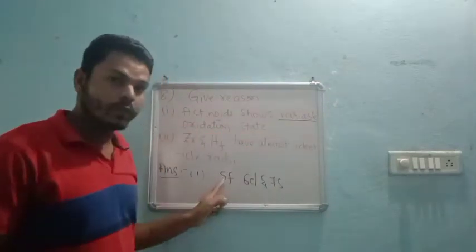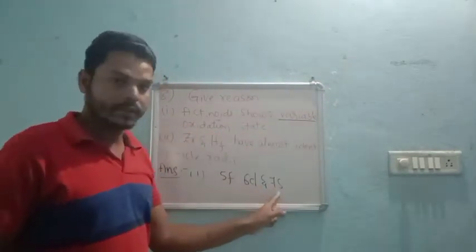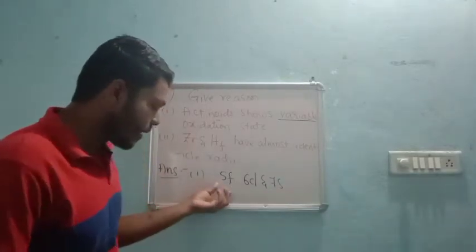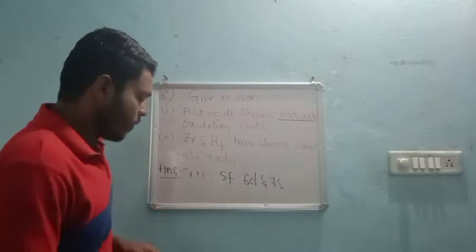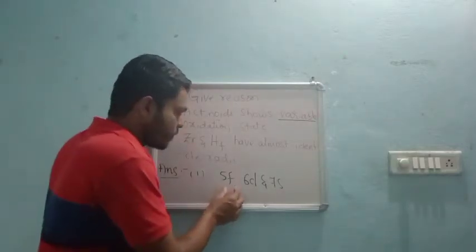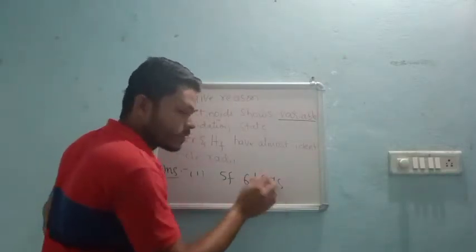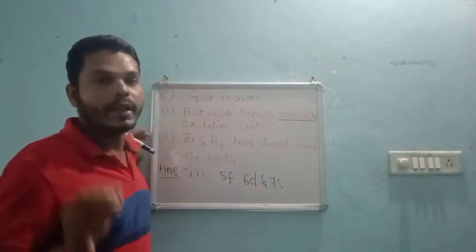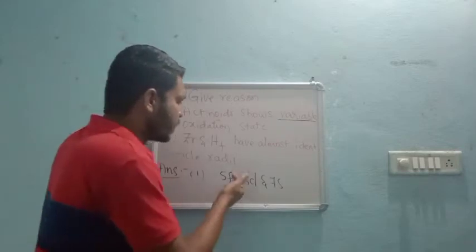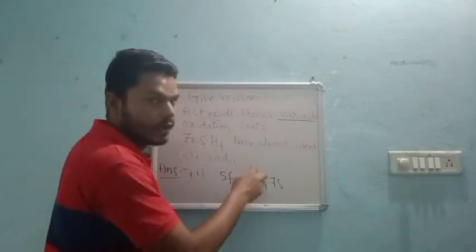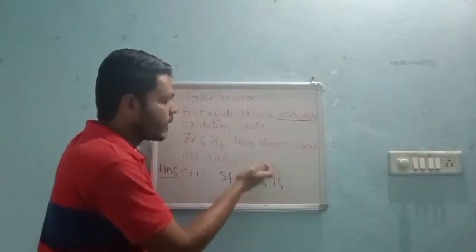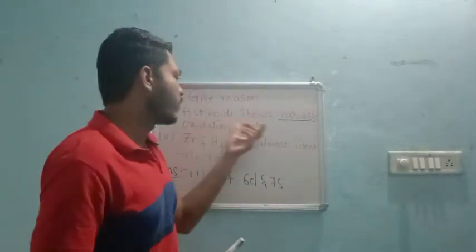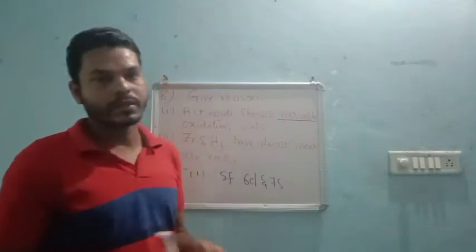So now the energy gap between the 5f, 6d and 7s subshells is very small, very less. So that's why the electron may jump from here to here, or from s to d, d to f, like this. So that's why the actinoids show variable oxidation state.